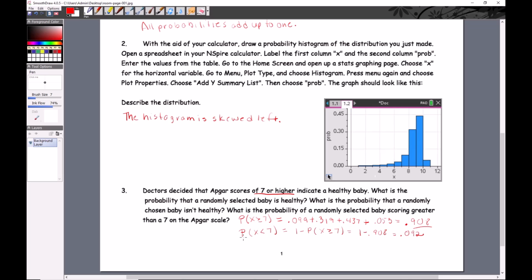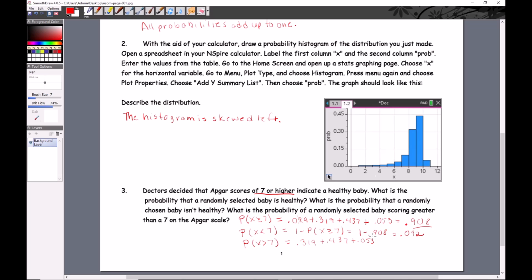All right, the probability that the baby scores greater than 7, and that's just going to be everything but that right there. So that'll be 0.319 plus 0.437 plus 0.053. And hold on just a moment, because I don't happen to have that handy and I don't remember what it is.